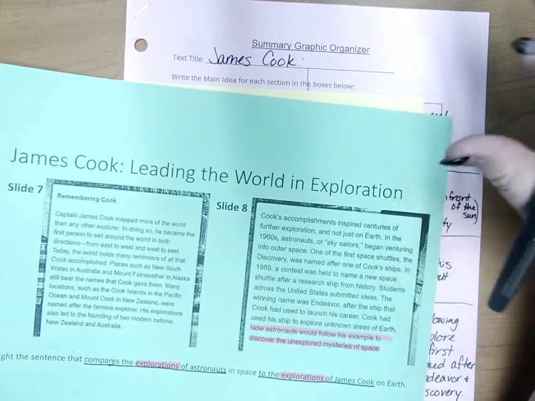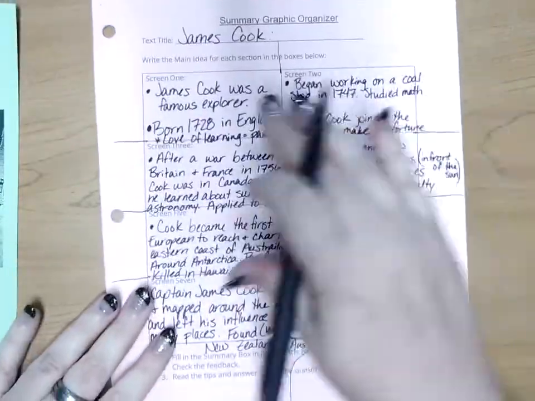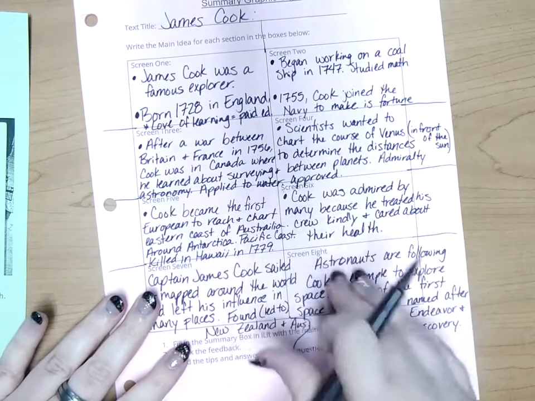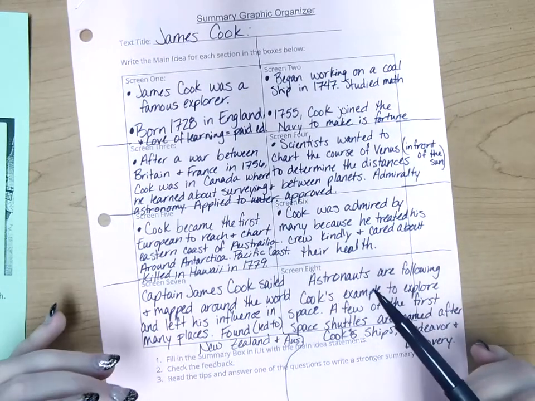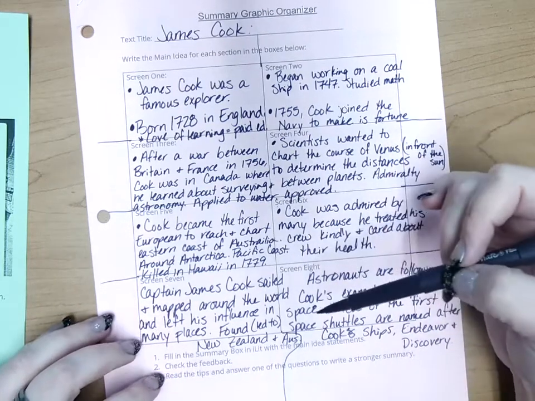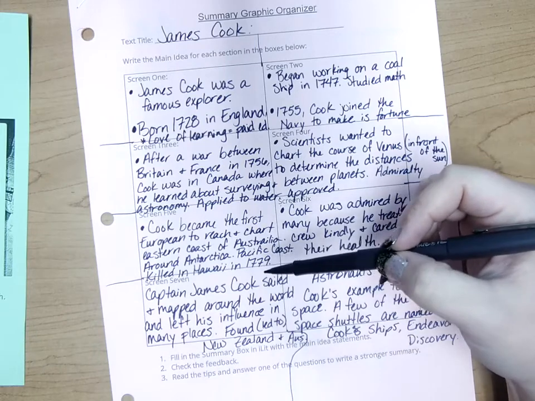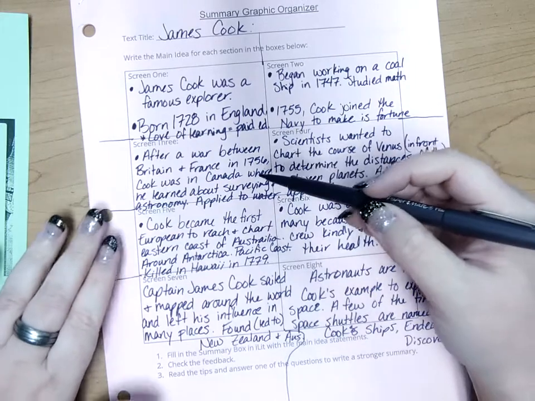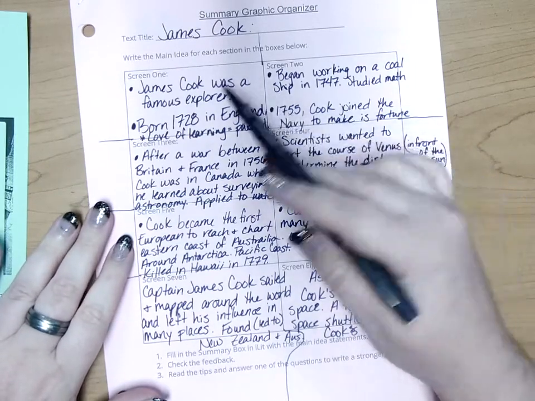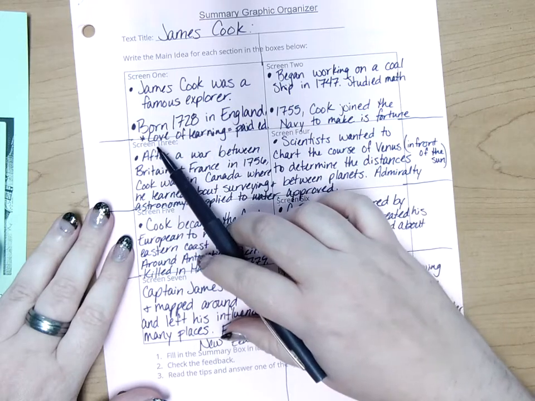All right? Moving on, as we went through each of these slides, you were to have been putting the main idea in each of these boxes. Remember, I said you didn't have to put a full sentence in each one, and I kind of held true for that most of the time. I might have put 1 sentence in for the first one and then really shortened it down for the rest. Kind of like with this one up here. It says James Cook was a famous explorer, born in England.